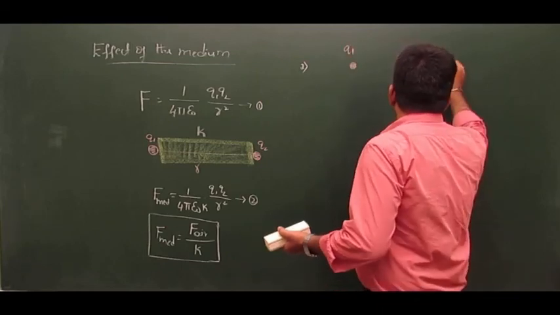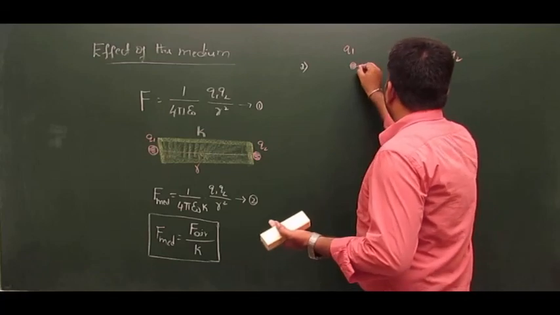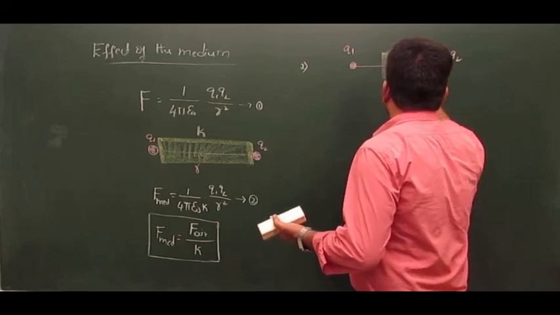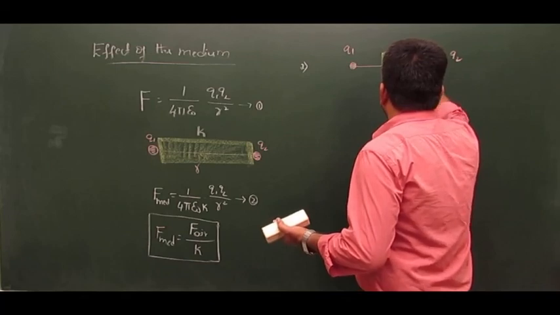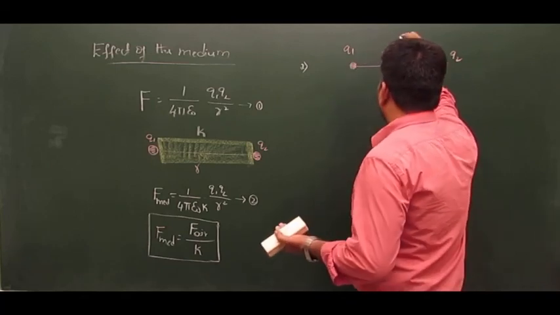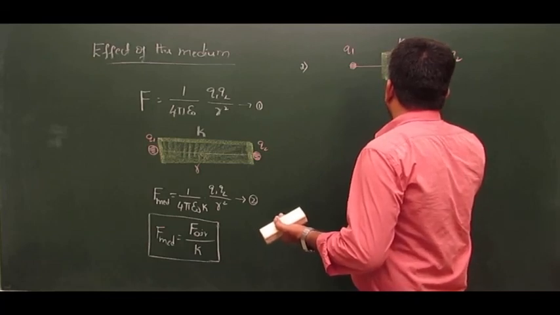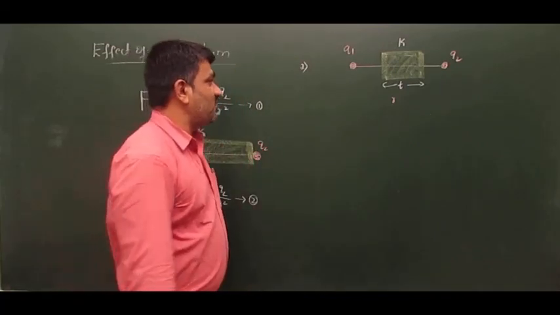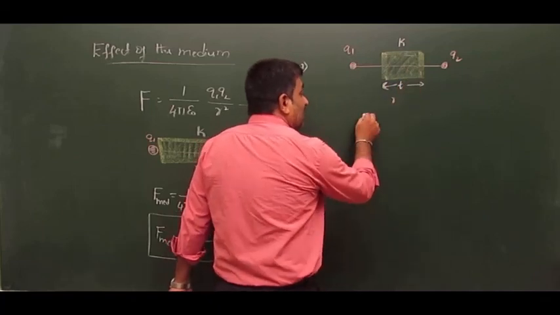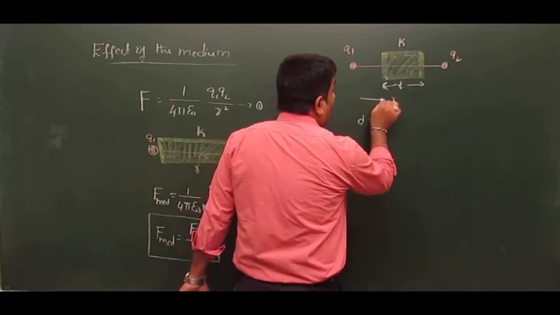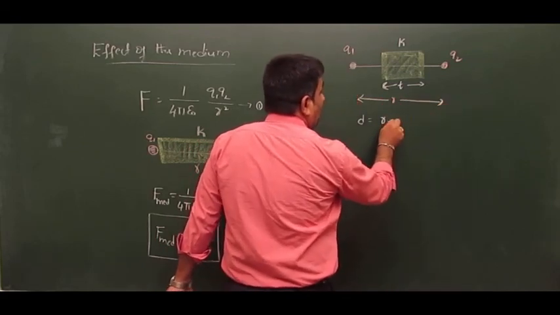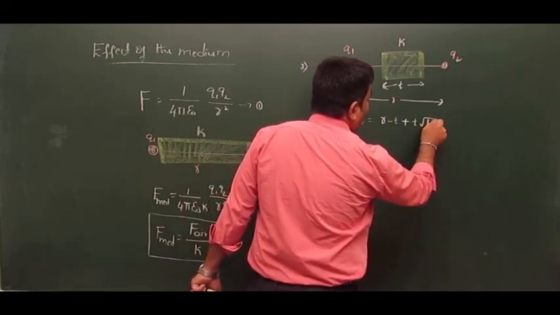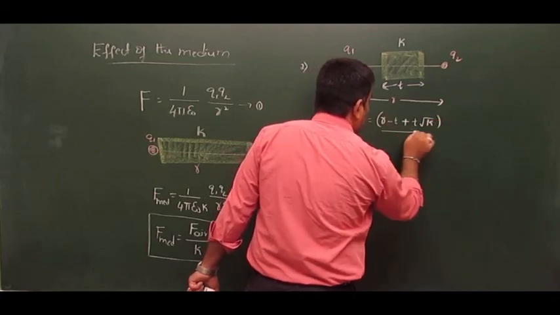The charges are Q1 and Q2, and the separation between these two charges is, let's consider, R. But the dielectric medium of constant K is partially filled with thickness T. Then the total distance between the charges becomes R minus T plus T into square root of the dielectric constant K. This is the new distance.